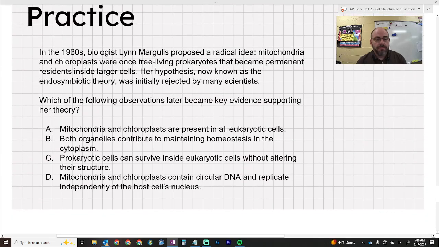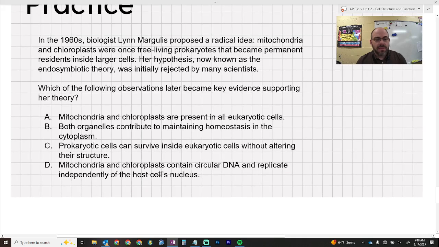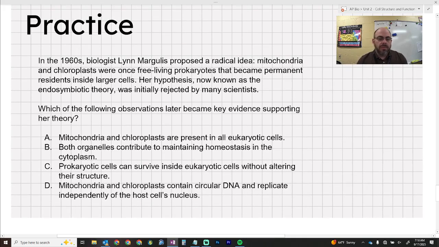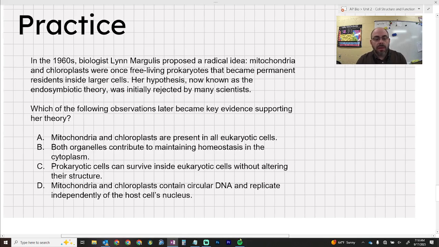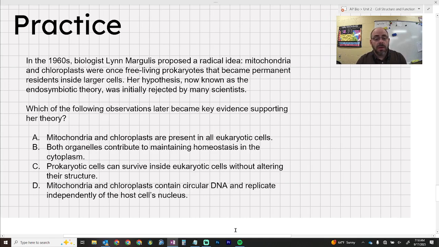Let's look at a practice problem. In the 1960s, so this is a great example of how in this class we don't really memorize dates. Not to say that these dates aren't a good thing, but a lot of times you'll see a question like this where you will get a bit of history and a date. In the 1960s, biologist Lynn Margulis proposed a radical idea: mitochondria and chloroplasts were once free-living prokaryotes that became permanent residents inside larger cells.